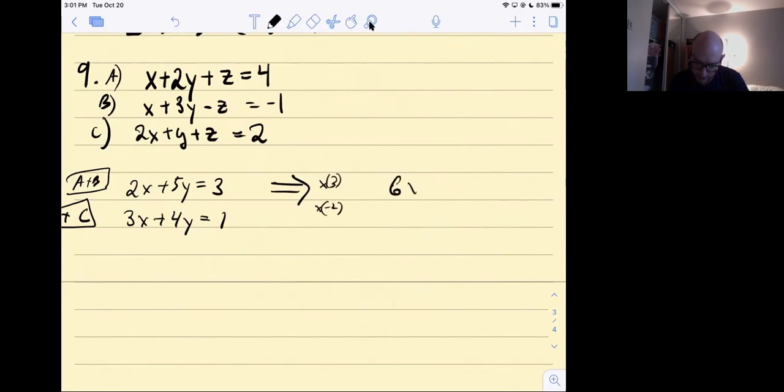You get 6x plus 15y is equal to 3. And this would be -6x minus 8y is equal to -2. Combining everything, you get 7y. Oh, hang on. Now it looks like I might have made a mistake.